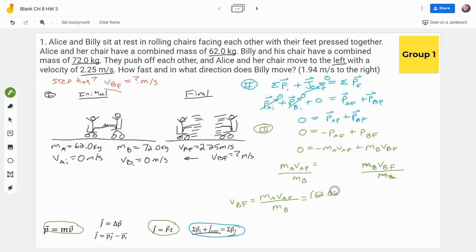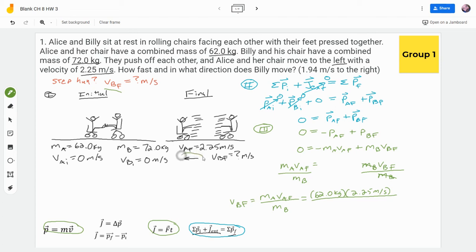So 62.0 kilograms. V sub AF is 2.25. So let us look at that number. So 2.25 meters per second. Now remember, Alice is going left. So why isn't it negative? It's not negative because I've already dealt with the leftness of Alice's velocity.